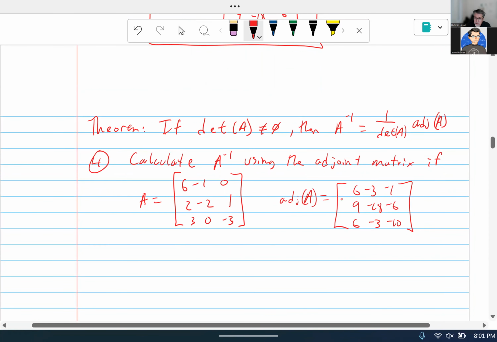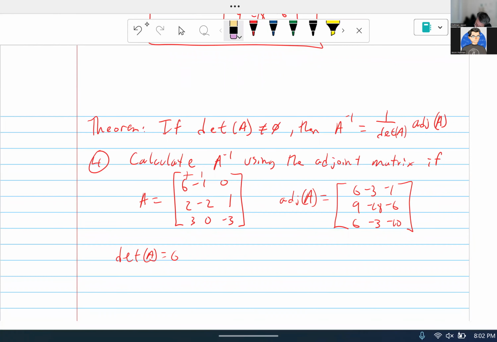I could do it by hand, or I could do it on a calculator. By hand's not too hard because we got these zeros. So let's just do it by hand real quick. The determinant of A is equal to 6 times, remember this is plus minus plus, the determinant of -2, 1, 0, -3.